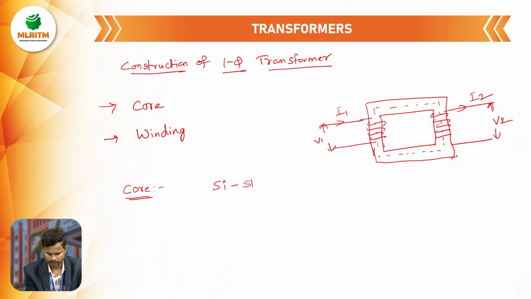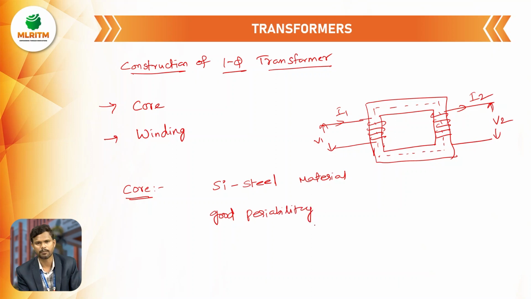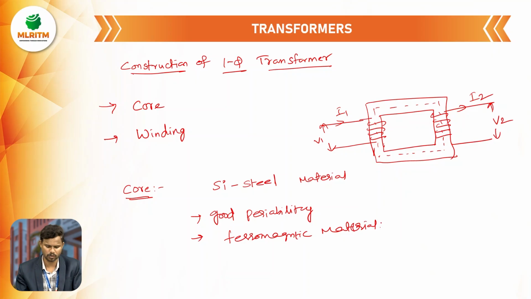The property of silica steel is good permeability, that means the permitting ability is good for silica steel material, and it is a ferromagnetic material.